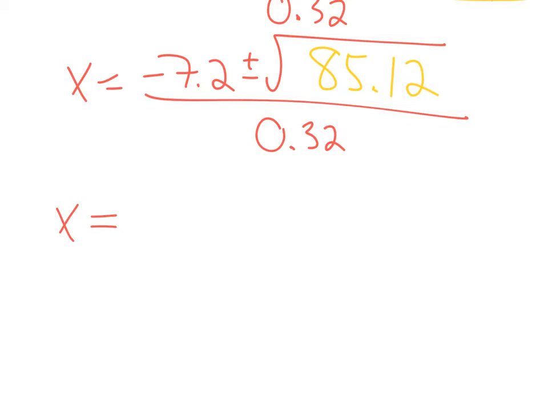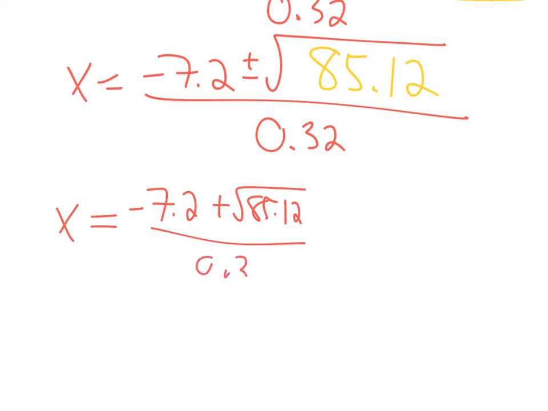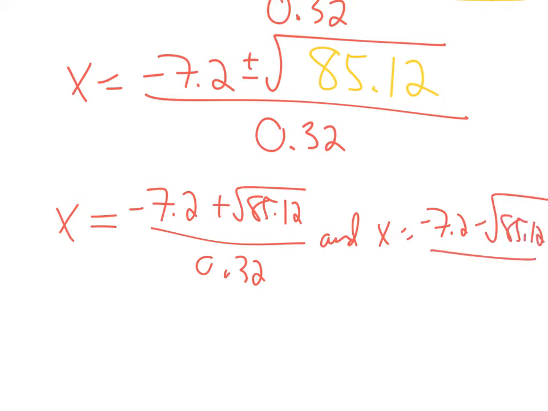So I'll write it as negative 7.2 plus the square root of 85.12 divided by 0.32, and we have negative 7.2 minus the square root of 85.12 divided by 0.32.